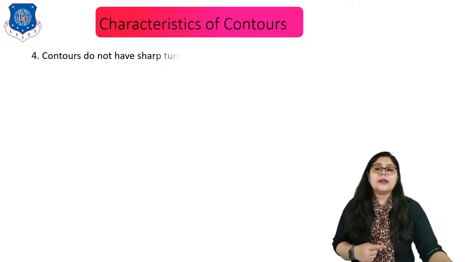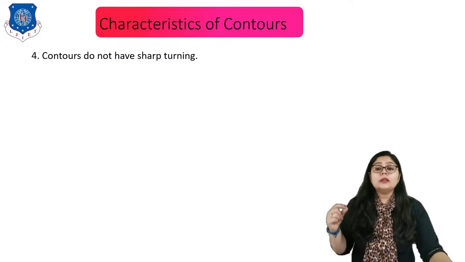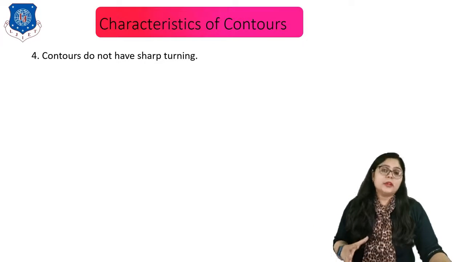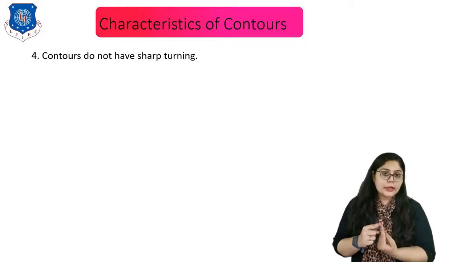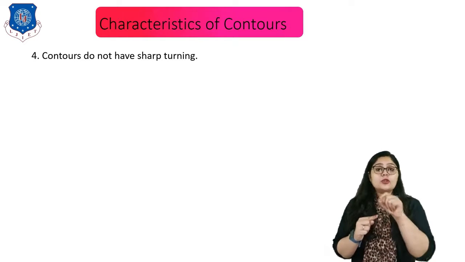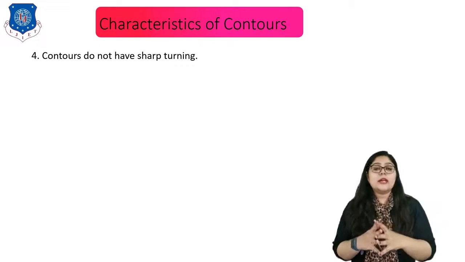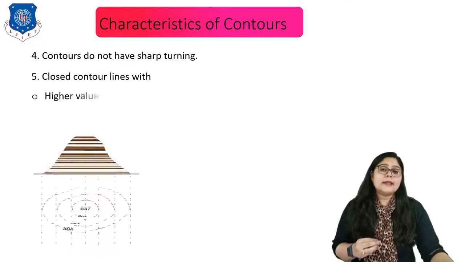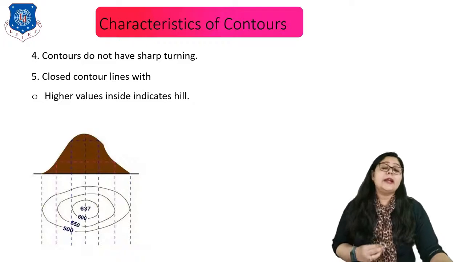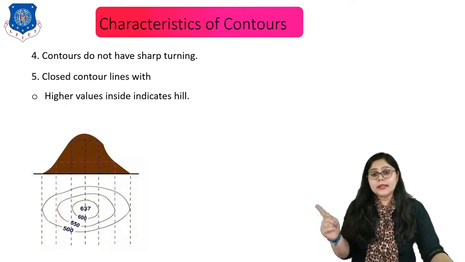Now the fourth characteristic is that contours do not have sharp turnings, because we are trying to connect a closed loop, right? We are not trying to join the points with angles, so there is no possibility of sharp turnings, right? Closed contour lines with the higher value inside always indicate a hill.